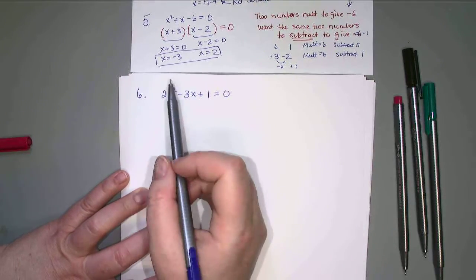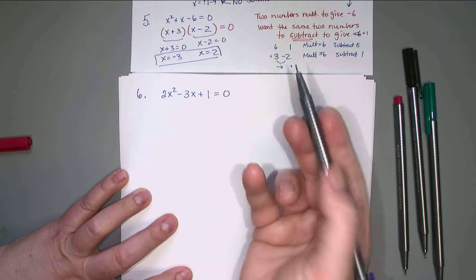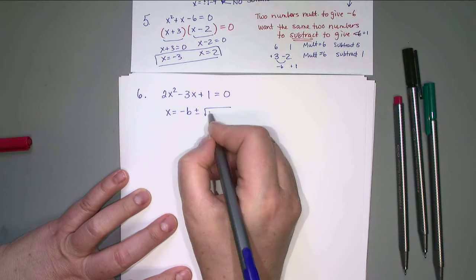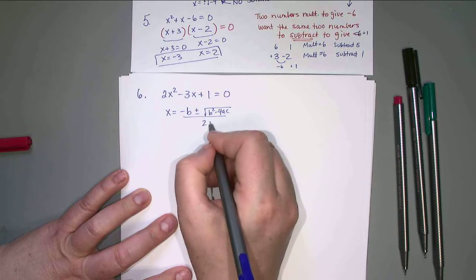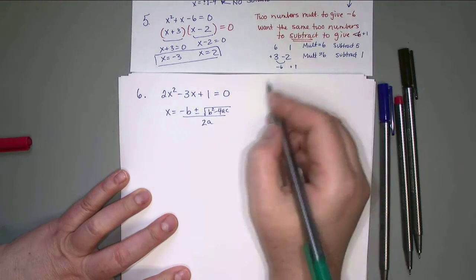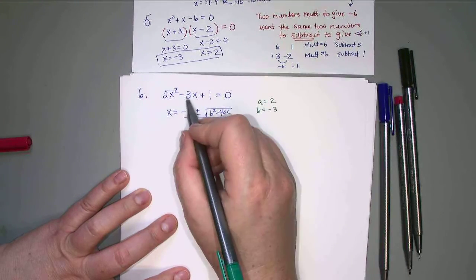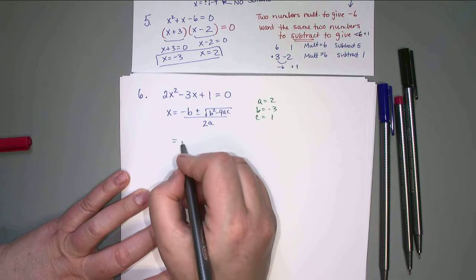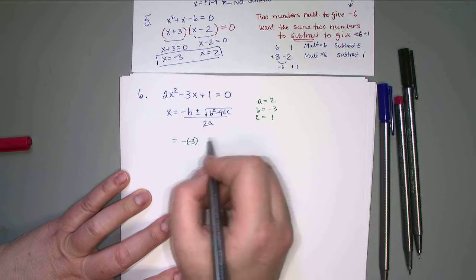So whenever I get a number in front of the x squared, I just jump right to the quadratic equation. You can try to factor it, and there is a technique to do that. But so here we have a equals 2, b is negative 3. Don't forget to take the sign with it, and c is 1. So negative a negative 3, because that already has minus in the formula.